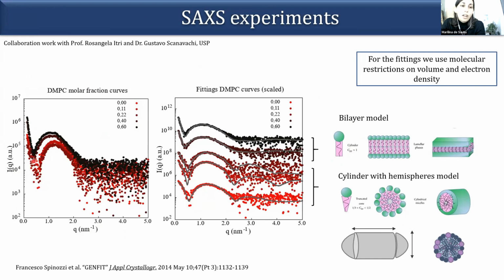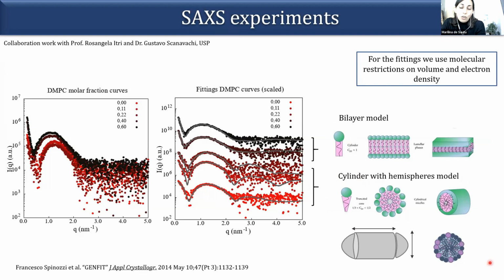We noticed that we have two types of scattering curves. At lower molar fractions, we have this type of curves, and at higher molar fractions, 0.4 and 0.6, we have these curves that have a different shape. So we analyzed the curves using the GenFit software, and the best fit for the experimental data was a cylinder with hemispheres model for the lower molar fractions.